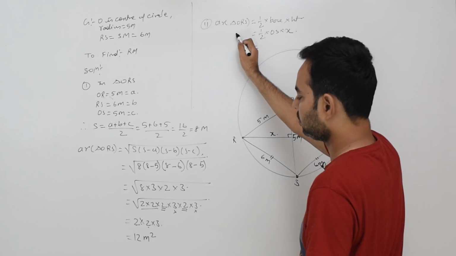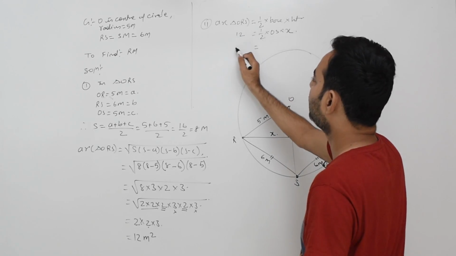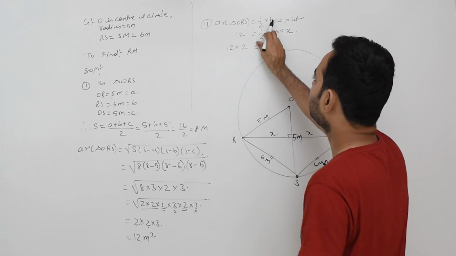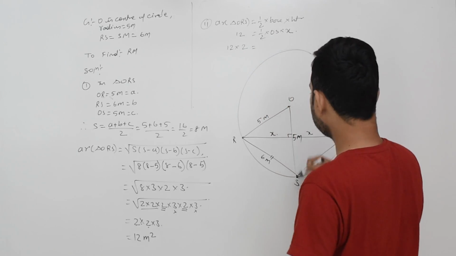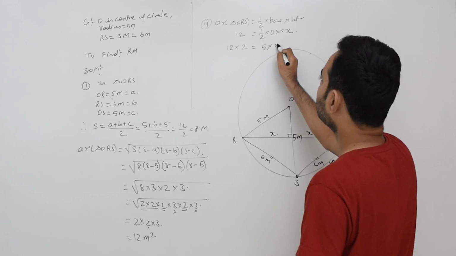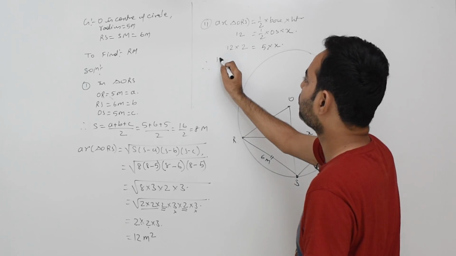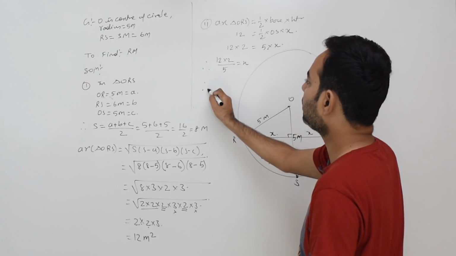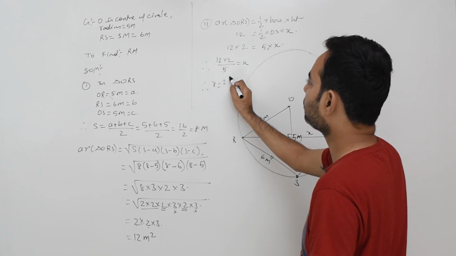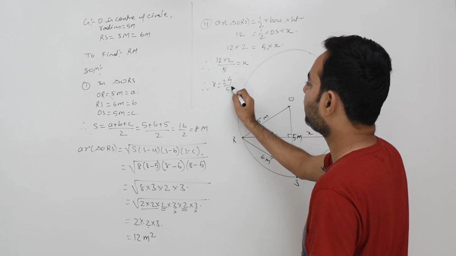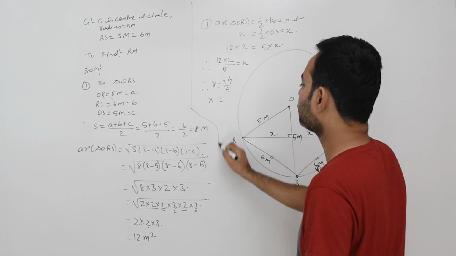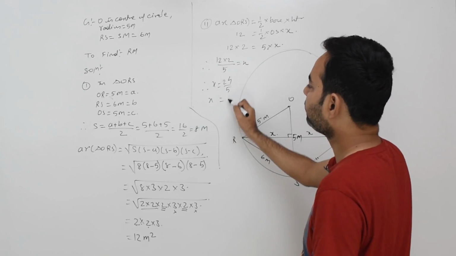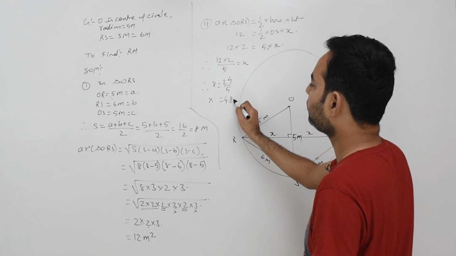So ORS is 12. 12 into 2 equals OS, OS is 5, into x. So therefore 12 into 2 upon 5 equals x. Therefore x equals 24 upon 5. So x will be equal to 4.8.